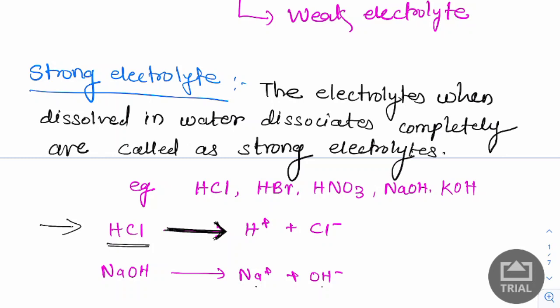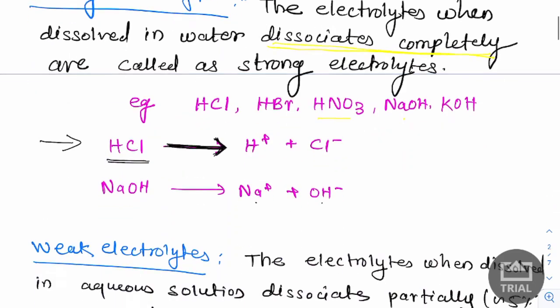The definition of a strong electrolyte is an electrolyte that, when dissolved in water, dissociates completely. Examples are HCl, hydrobromic acid, nitric acid HNO3, NaOH, and KOH.